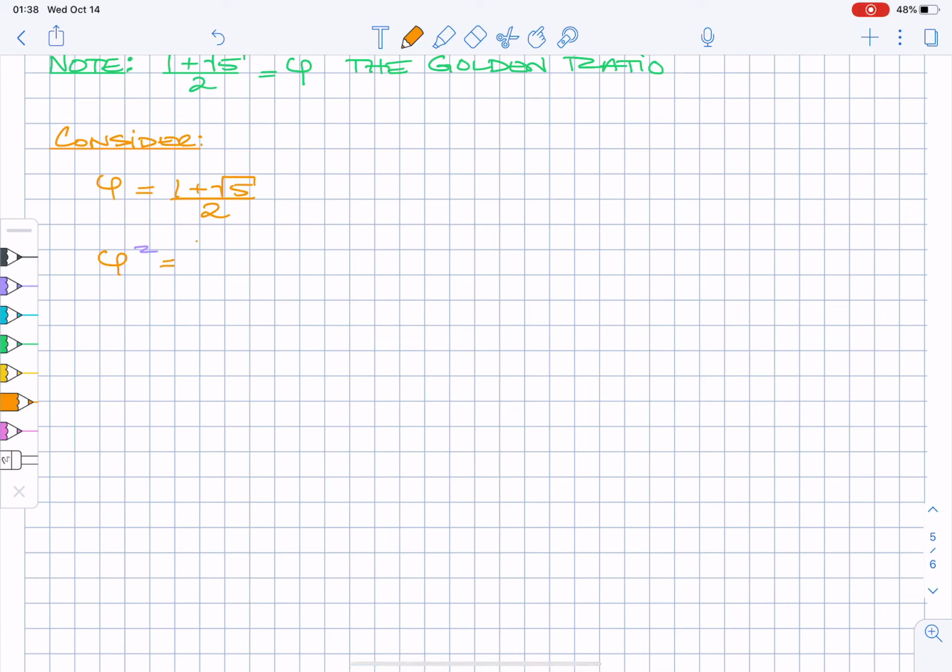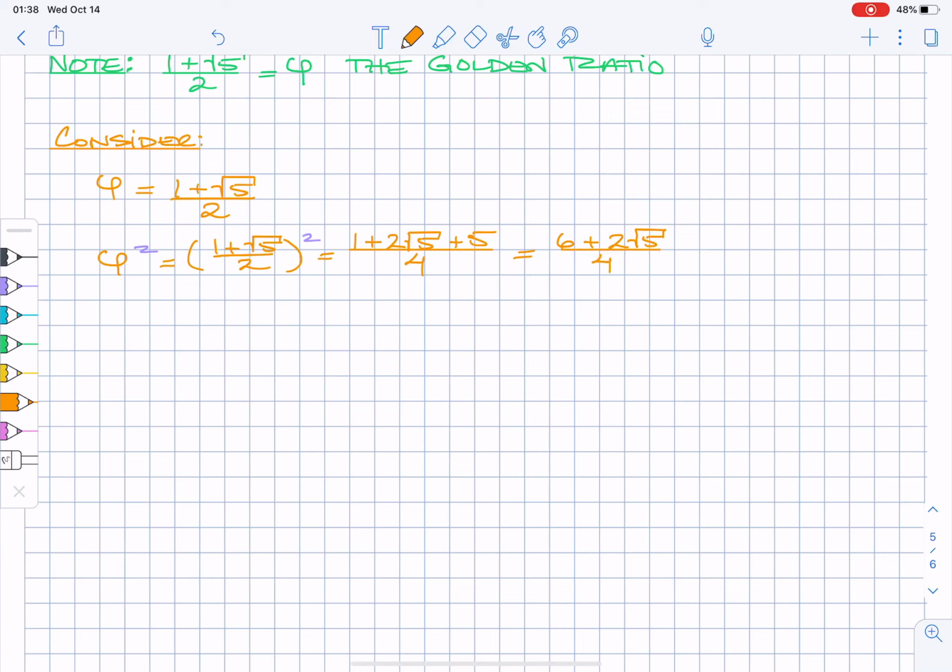Well, that's going to be the quantity 1 plus the square root of 5 all over 2, squared. Expanding the binomial, we'll have 1 plus 2 times the square root of 5 plus 5 all over 4. So this means we have 6 plus 2 root 5 all over 4.